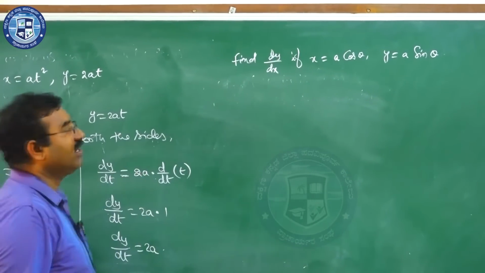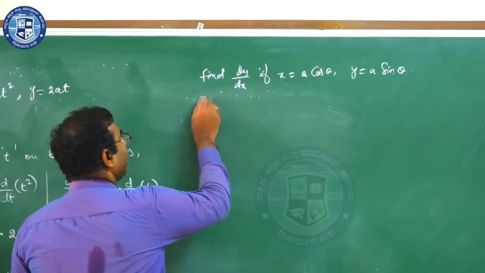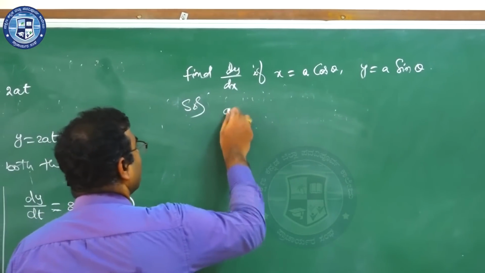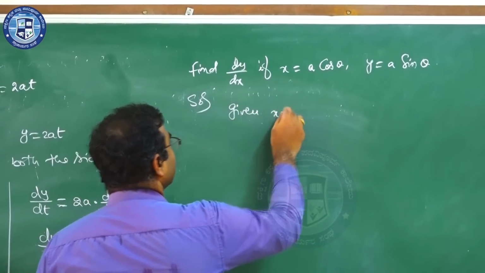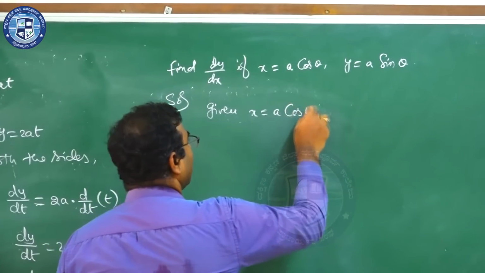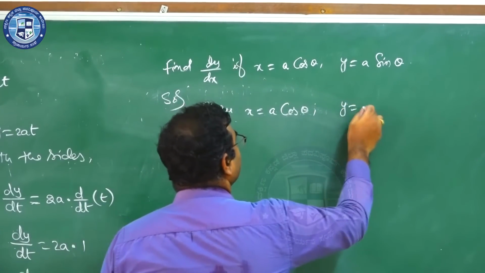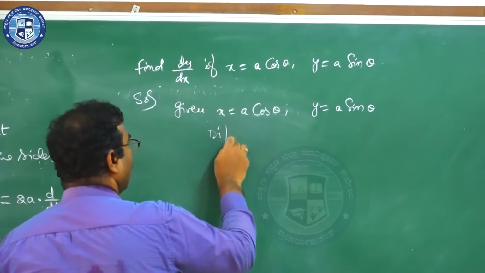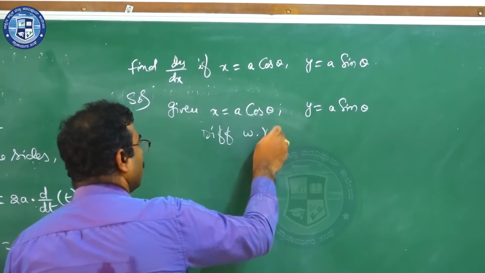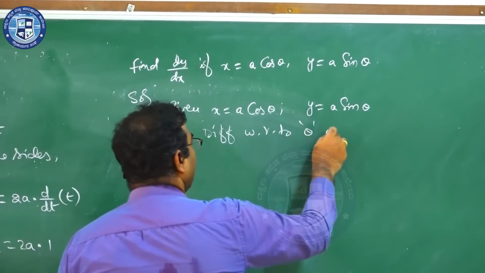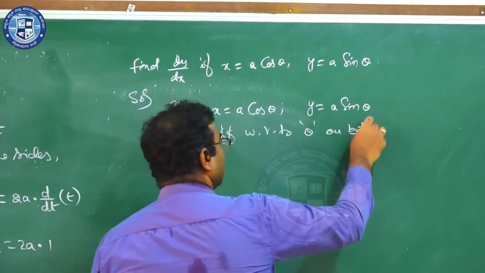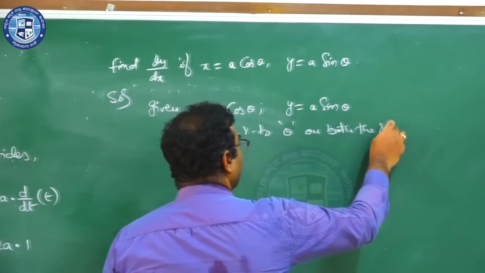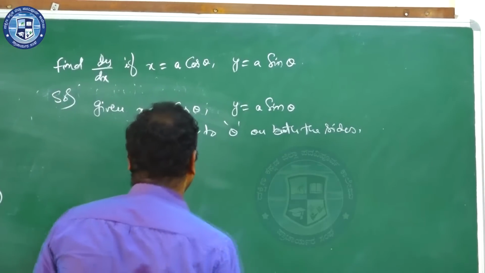So you have to differentiate with respect to theta now. So given x is equal to a cos theta, y is equal to a sin theta, differentiate with respect to theta on both the sides. What happens?